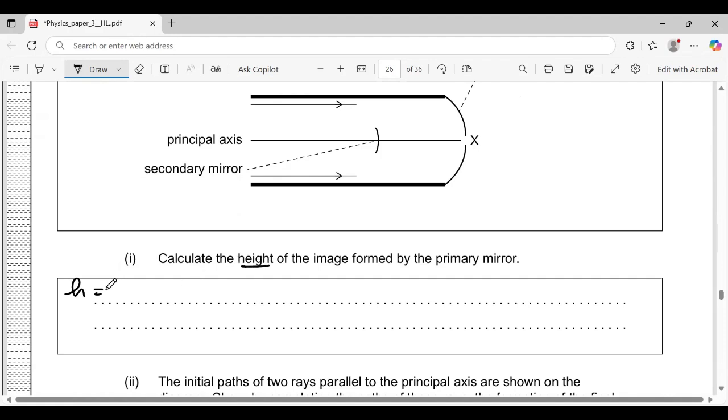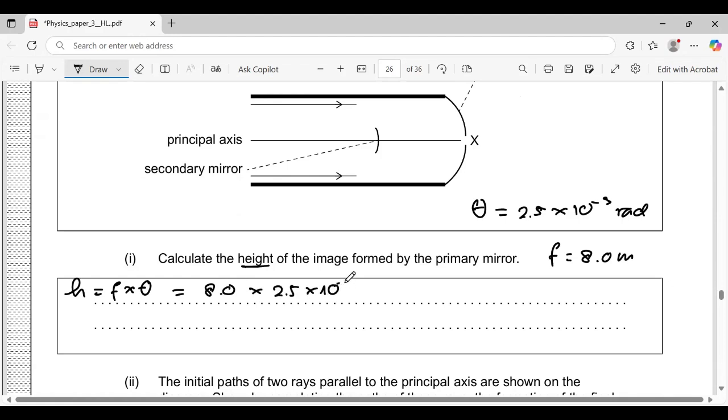The height h equals f times theta. f is 8.0 meters and theta equals 2.5 milliradians. It means 2.5 times 10 power minus 3 radians. It's going to be 8.0 meters times 2.5 times 10 power minus 3 radians.